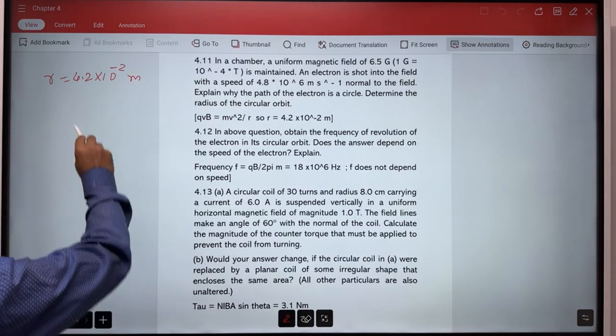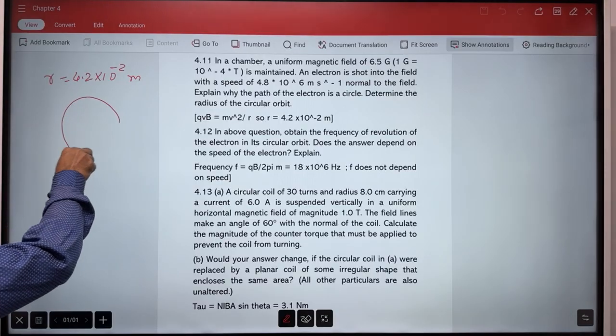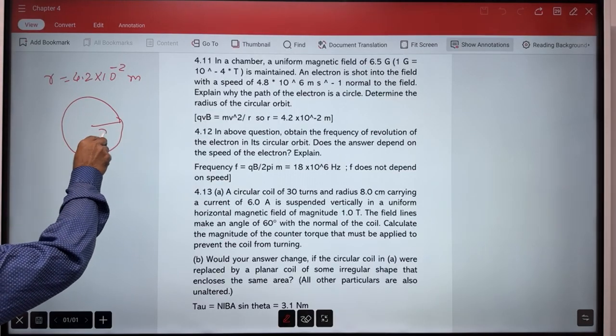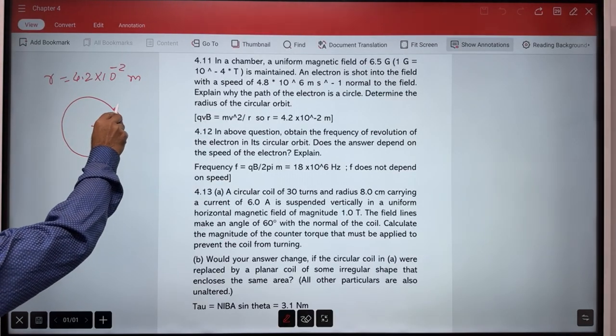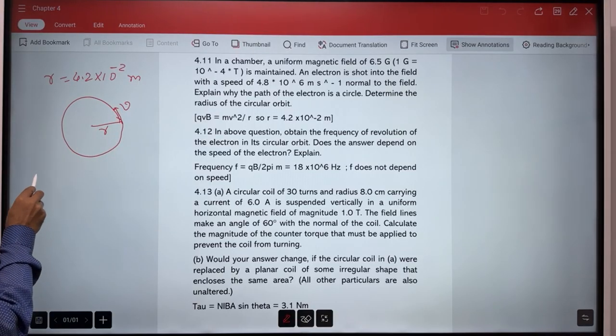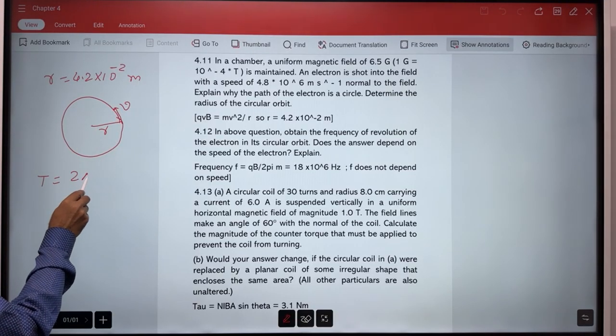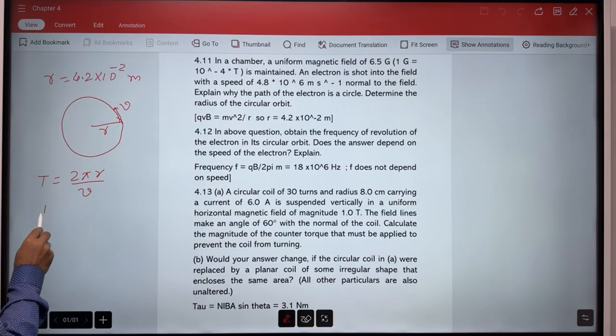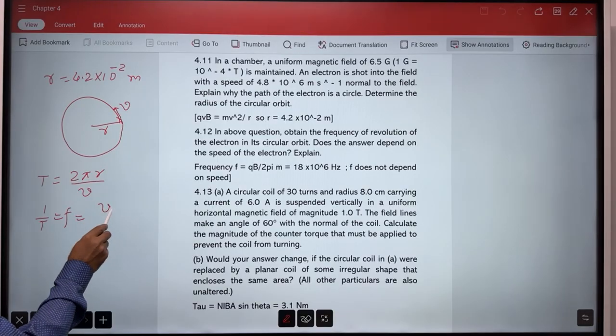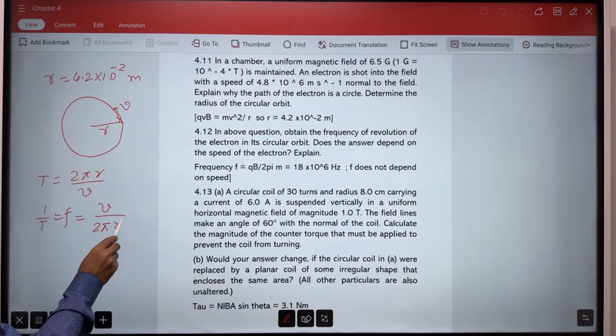Now we have to find the frequency. If the velocity is v, the time period is 2 pi r upon v, and 1 upon time period is frequency, so that is v upon 2 pi r.